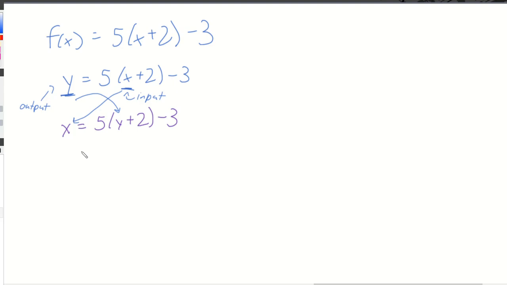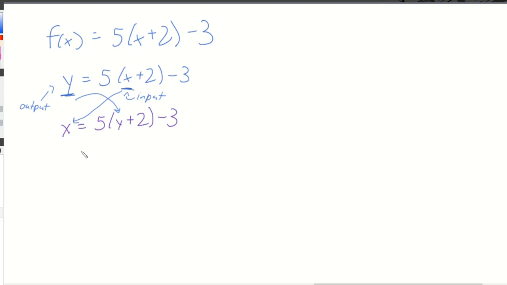Before you do this, you can do it like this, that's allowed, but I think that second approach is going to be a little easier.